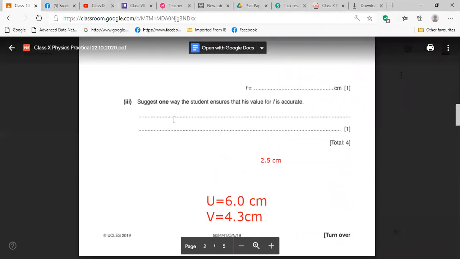Okay, so I'm writing your answer: by taking lots of readings of u, v, and then f.